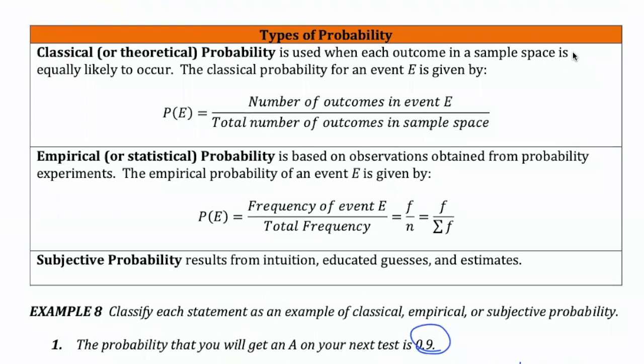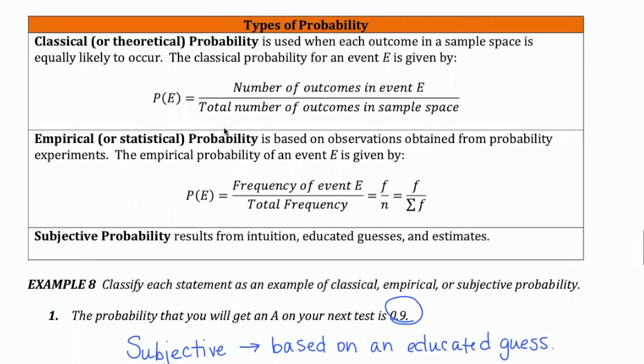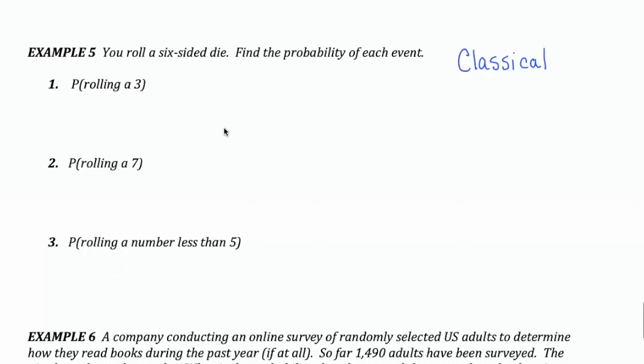If we go back to our types of probability, you can see that classical probability calculates the probability of an event by taking the number of outcomes in the event divided by the total number of outcomes in the sample space. So first I need to know my sample space. What are all the things that can happen when I roll a six-sided die? I can get a 1, 2, 3, 4, 5, or 6.